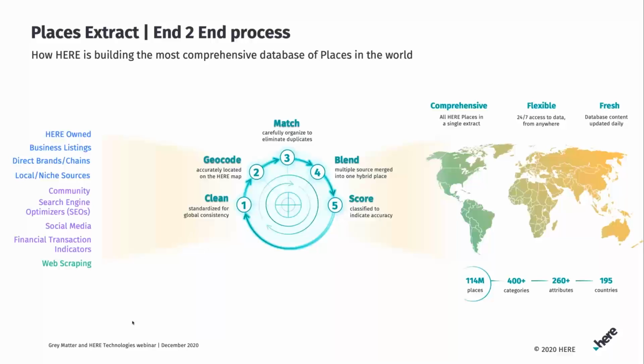So depending on the use case, you can say, okay, I only want to use the top rated POIs for my product, or maybe for certain use cases, if the scoring is a little bit lower, and that can mean that, for instance, a part of the attribution is missing, for instance, the telephone number. But for a use case like going from A to B, that's not that relevant. I still want to have that data part of my proposition, because I want to have full coverage in a certain area. So that is all you can decide.